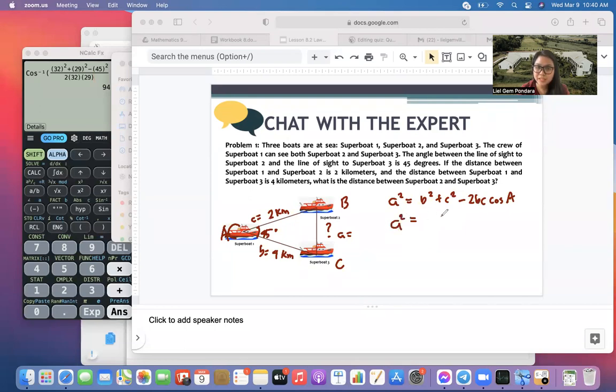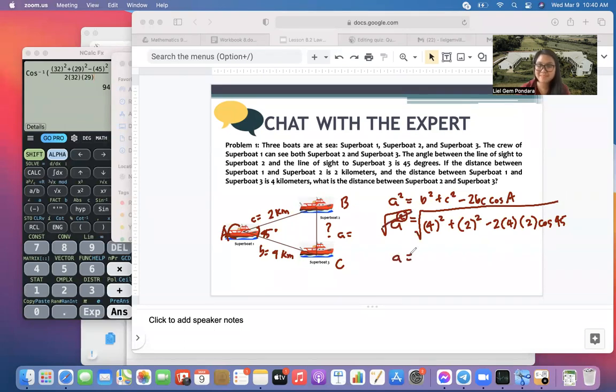A squared equals, our B is 4 squared, our C is 2, you square it, minus 2 times B times C cosine of A, cosine 45. Now, since we have the square, we can eliminate it by having the square root on both sides.